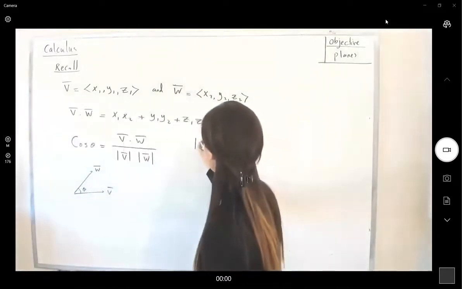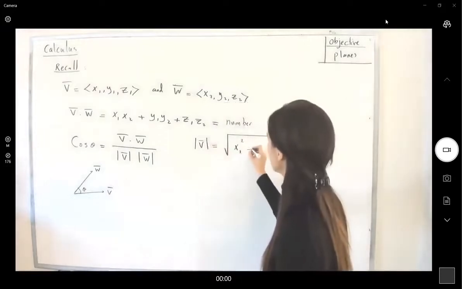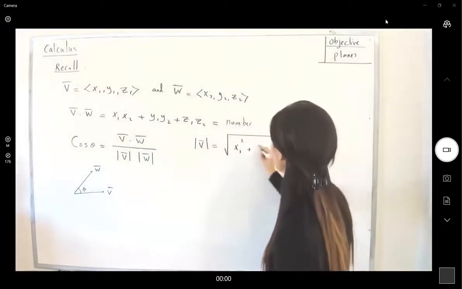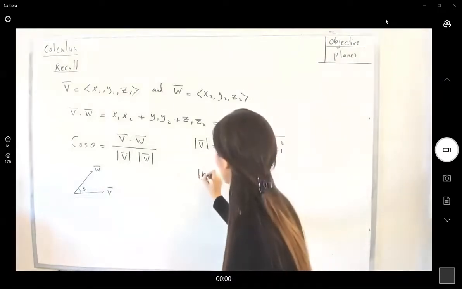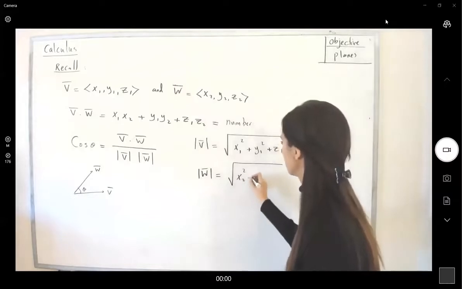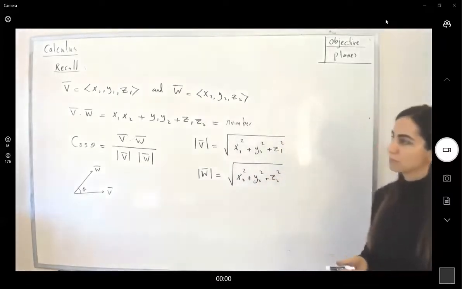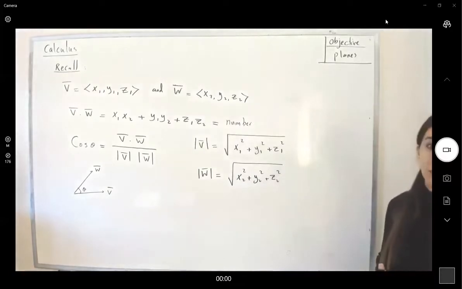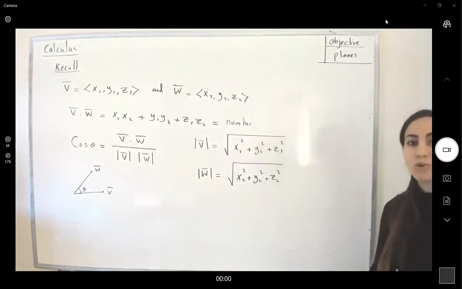Again, recall that the magnitude of vector v is the square root of x1 squared plus y1 squared plus z1 squared. And the magnitude of vector w can be calculated using x2 squared plus y2 squared plus z2 squared. So cosine theta is equal to the dot product divided by the magnitude or norm of each of those vectors.